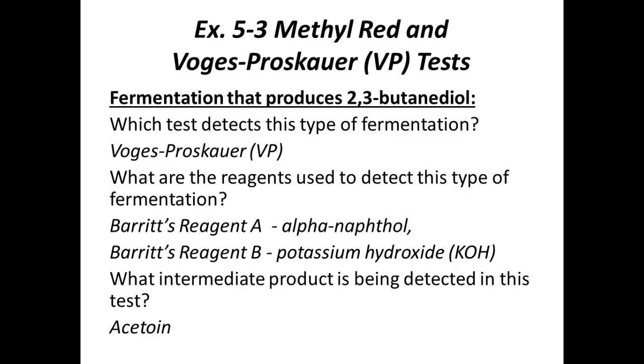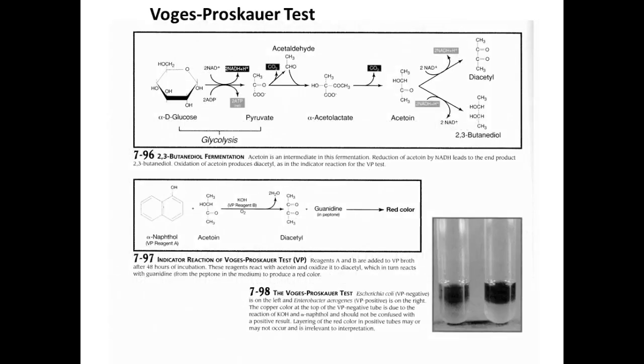Alright, so glycolysis, right? We can break down glucose, produce pyruvate. We can convert it into other acids. We can produce acetoin, which then can be converted into the 2,3-butanediol. When we run this test, though, the alpha-naphthol, the first reagent, binds with the acetoin.